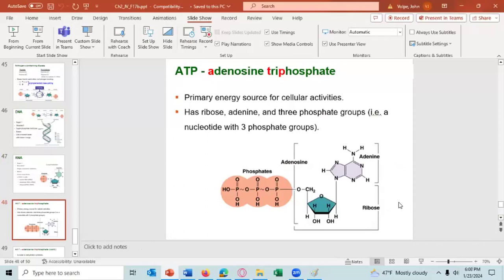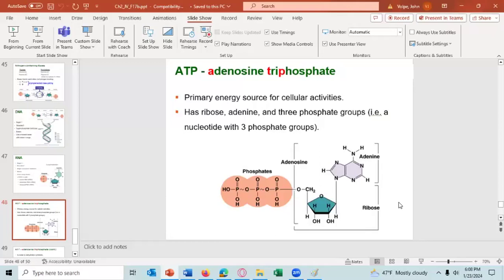All right, another molecule which falls under the category of a nucleotide or a nucleic acid is ATP. It is a nucleotide, by the way. It is adenosine triphosphate. We need to talk a little bit about ATP because it is the primary energy source for all cellular activities.